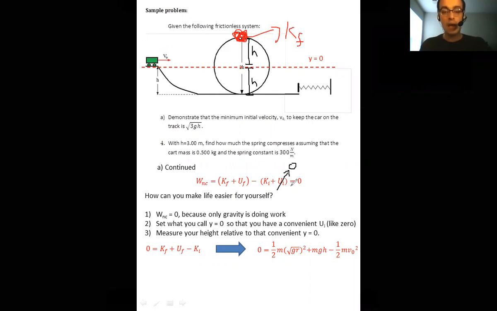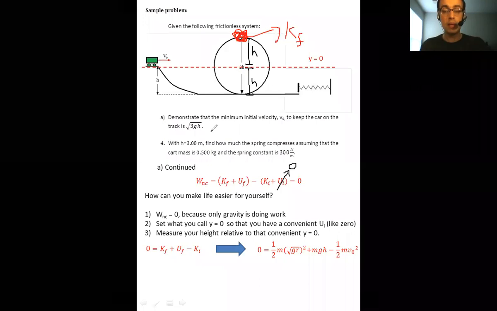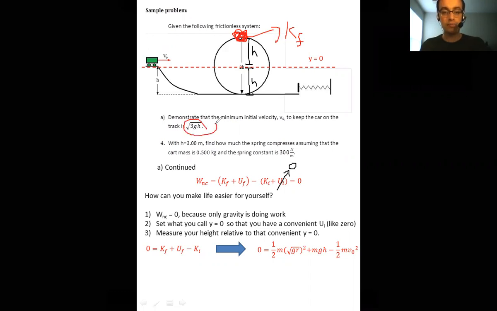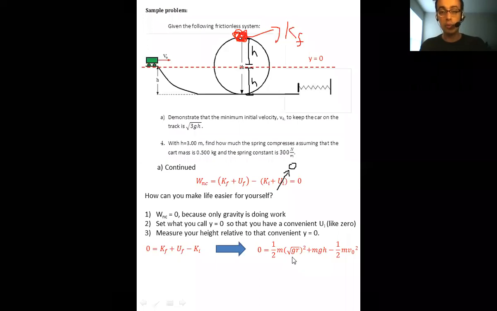right? And we'd previously shown in the earlier example, when we were talking about part A, that the velocity at the top of the loop to keep this thing moving around the loop is equal to the square root of gr.